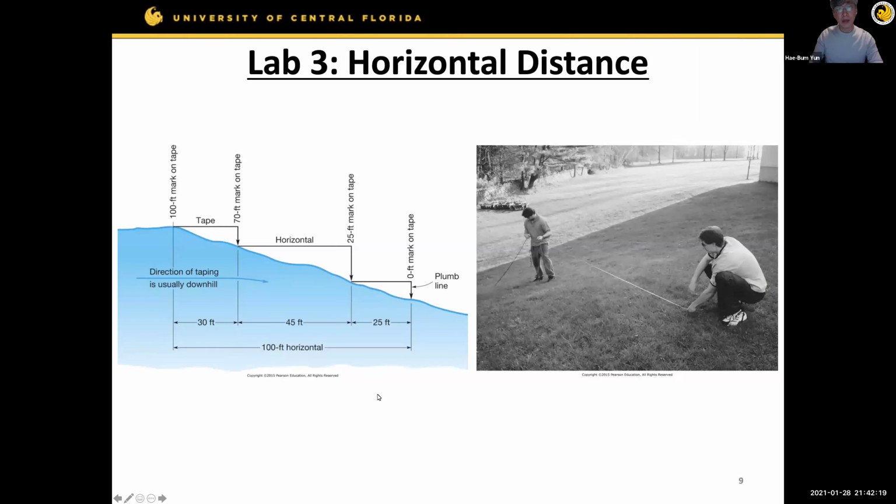Our third lab is about horizontal distances. In the previous lab, lab 2, we measured the elevation difference, but in this lab, we want to measure the horizontal distances.